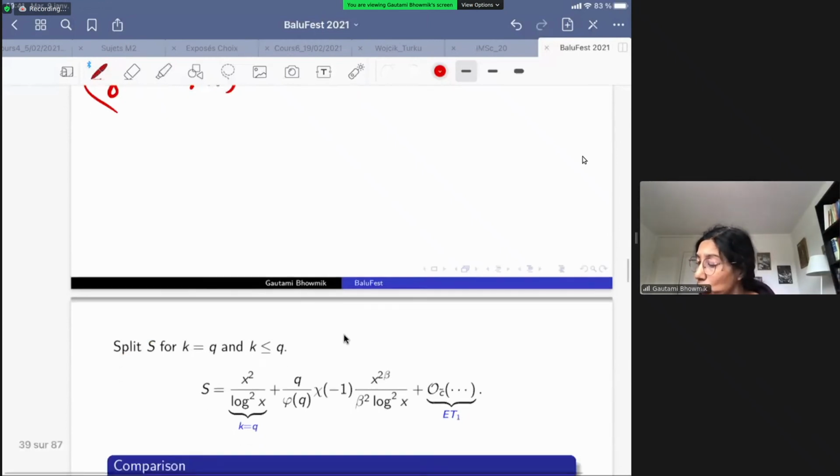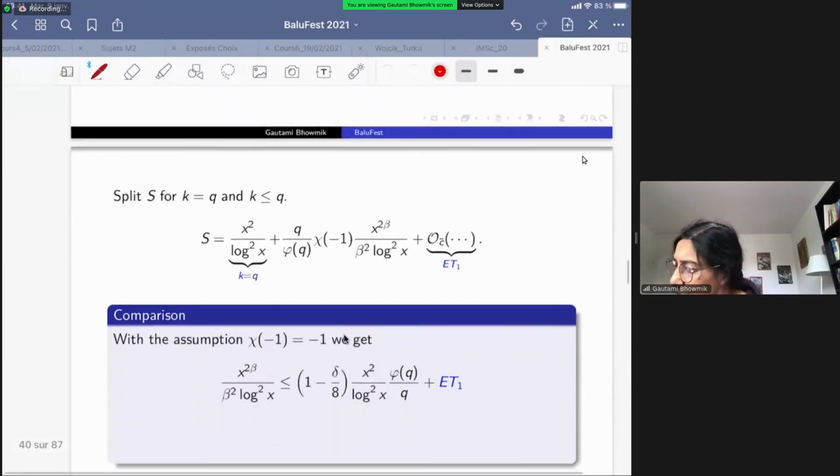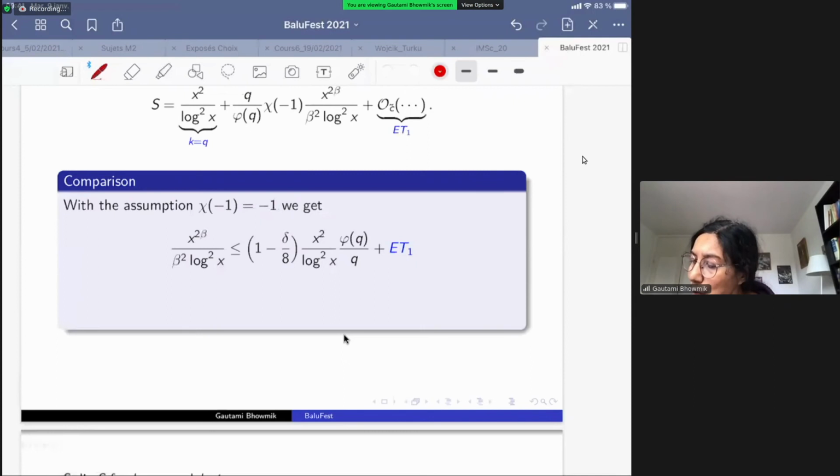Yeah. So when you now remember that we had this condition that chi of minus 1 was equal to minus 1. Remember, it's not very nice as a condition, but we need it. I mean, we need it for our proof.